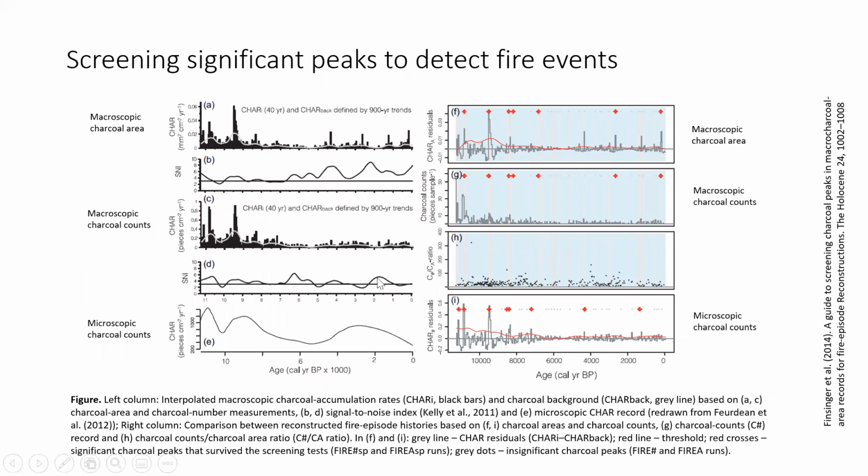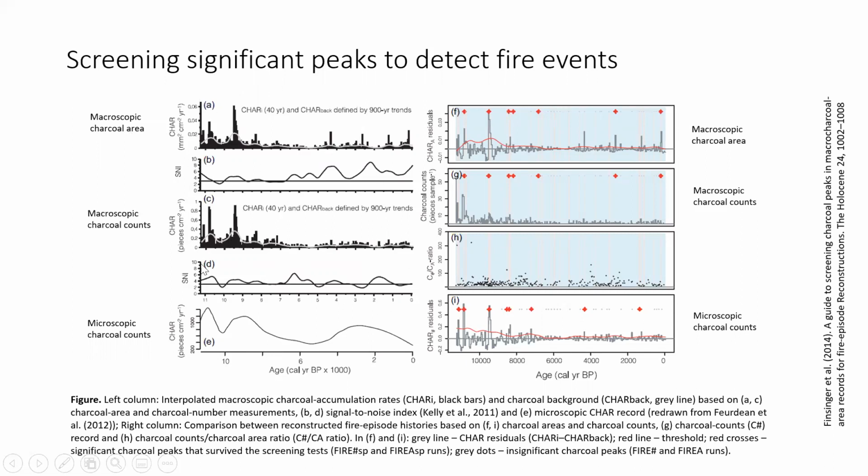They basically used microscopic charcoal counts, then they have macroscopic charcoal counts, and they have macroscopic charcoal area. And then they have here the background values. They've calculated the signal to noise index to determine the background values and the peaks, differentiating from the background.